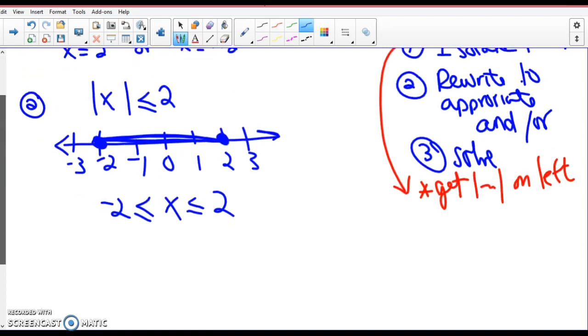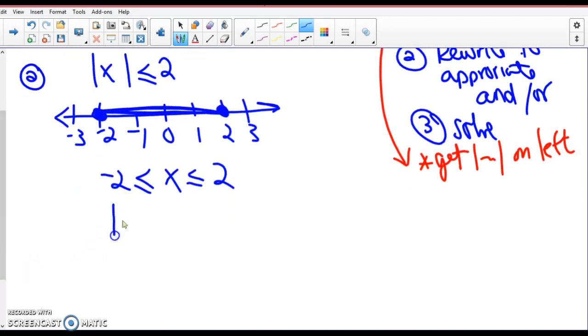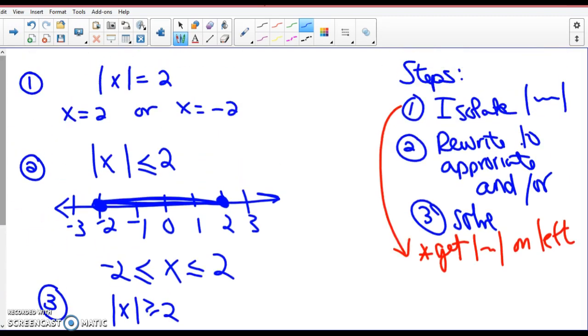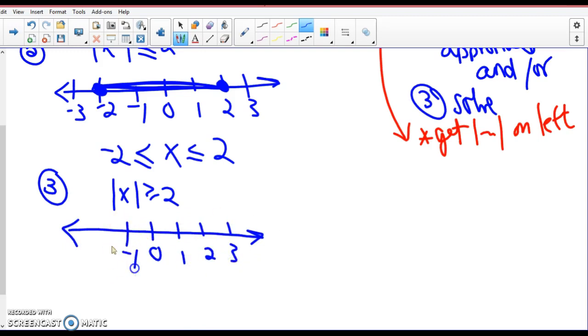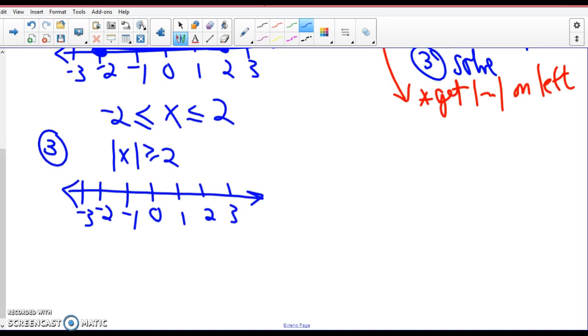Now, what's our other option? The absolute value of x is greater than or equal to 2. This is option 3. So look what we have. Equals, less than, greater than. Those are our only options. So again, I'm going to draw a number line. 0, 1, 2, 3, negative 1, negative 2, negative 3.